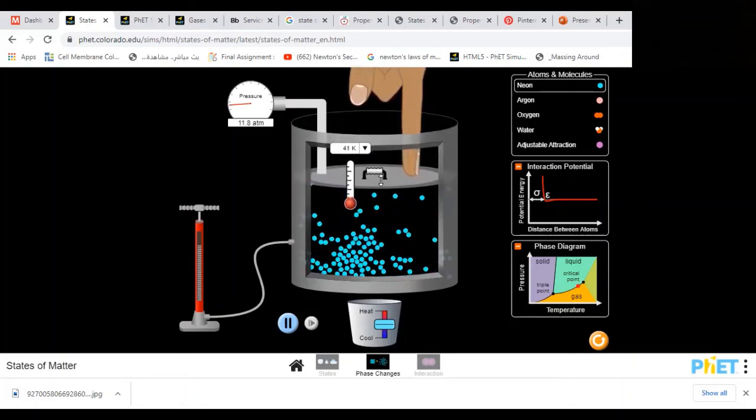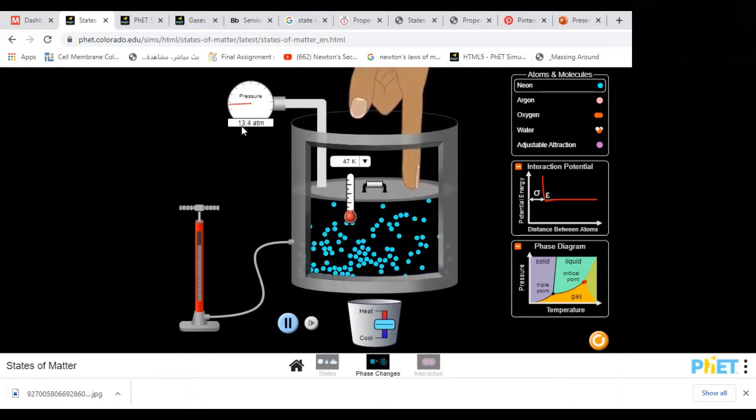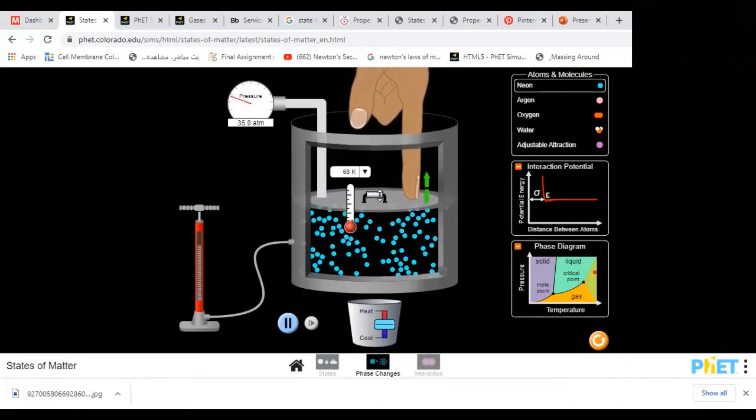When I decrease the volume, what happens to the pressure? We said maximum 10. See now how much is that? It reached 30. So by decreasing volume, making it smaller, what happened to the pressure? Increasing. Excellent. Okay, by decreasing volume, pressure is increasing.